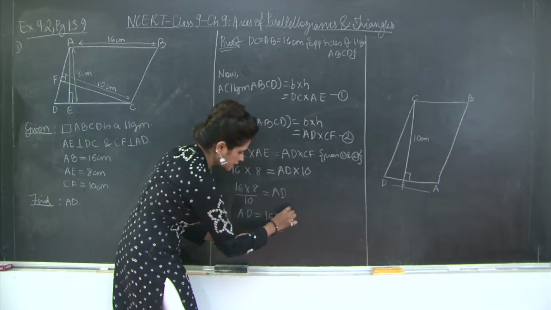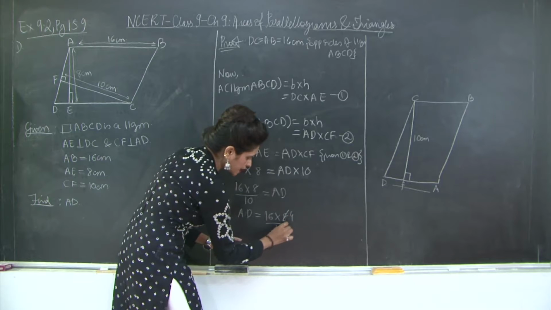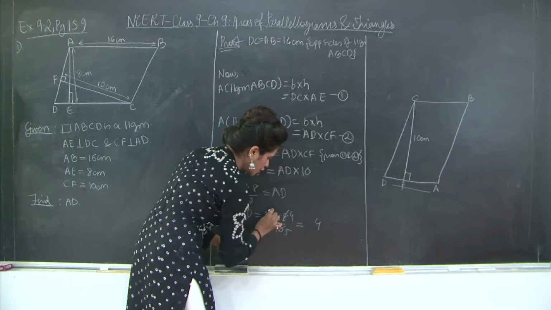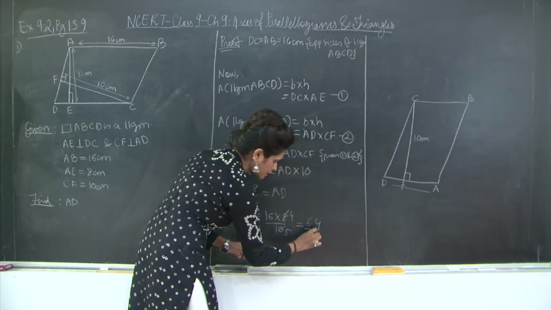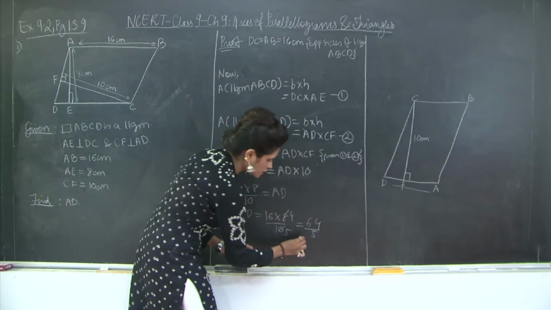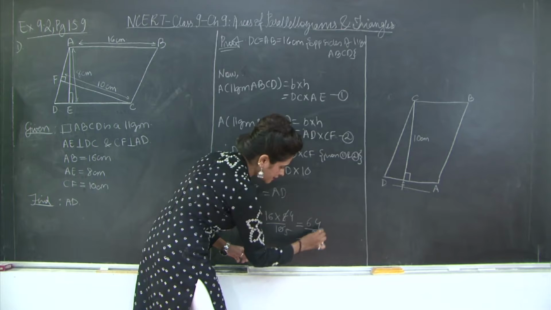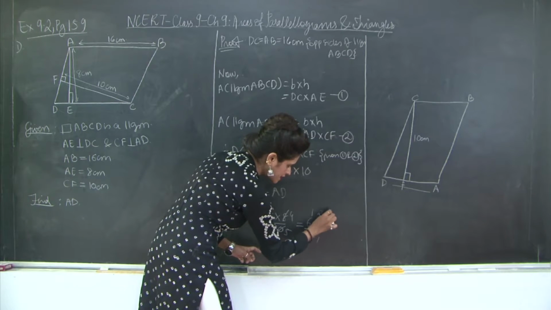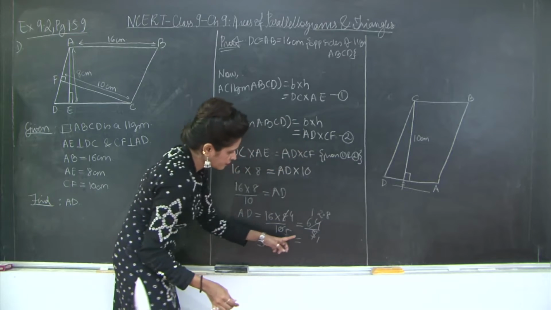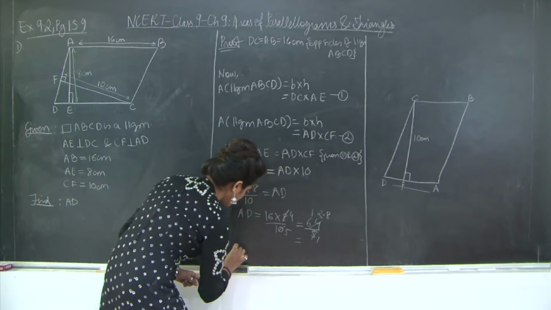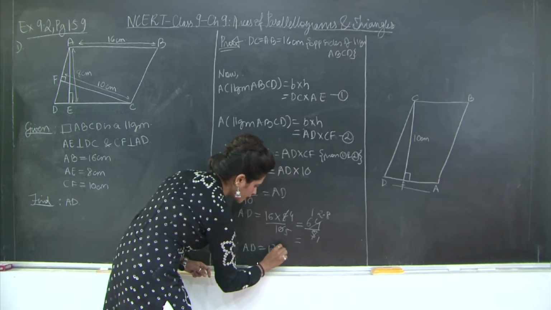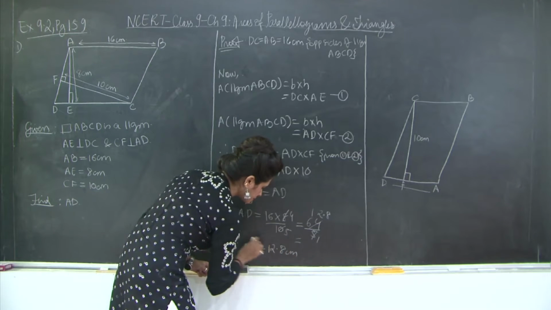So let's see this. 2 4s are 8, 2 5s are 10, 16 4s are 64, so 64 divided by 5. So this will be how much? 5 1s are 5, 5 1s are 5, 6, 5 2s are 10, 5 8s are 40. Therefore, AD is going to be equal to 12.8 centimeters.